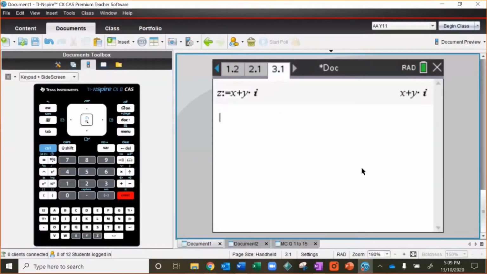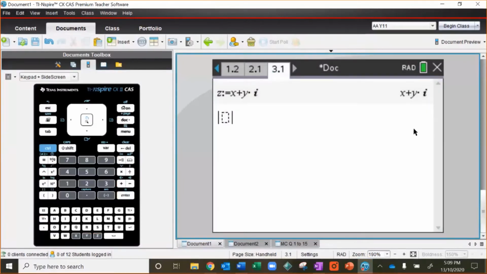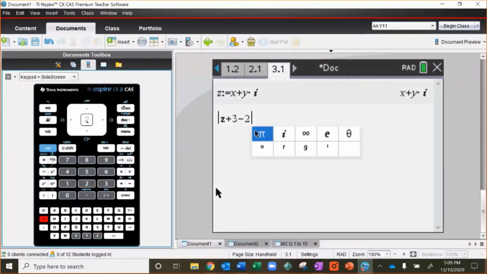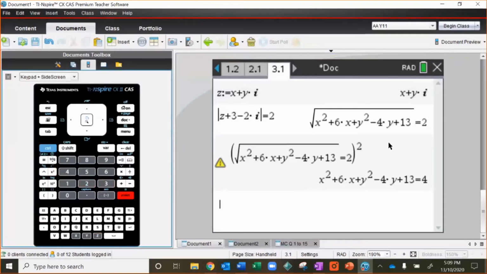And now our equation of the circle was, so we need to get modulus of z plus 3 minus 2i, and jump out of the modulus, is equal to 2. So the calculator will do it for us again, and we'll square both sides.